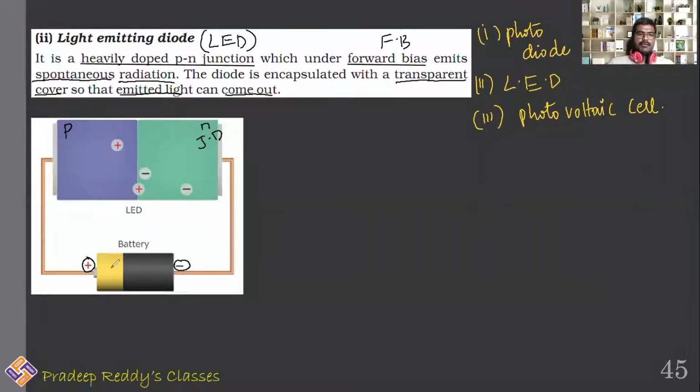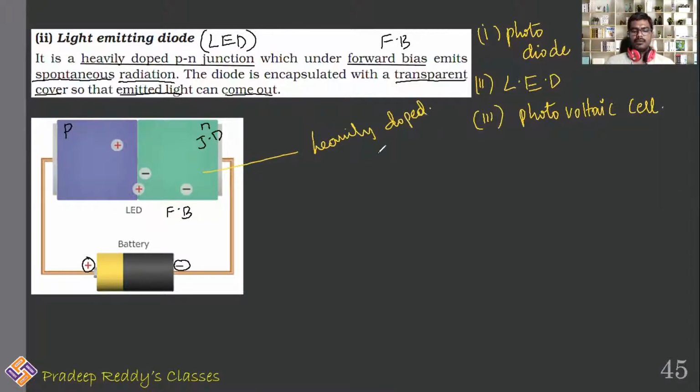P type is connected to the positive terminal, N type is connected to the negative terminal. Therefore, this junction diode is connected in forward bias. And remember that this junction diode is heavily doped.